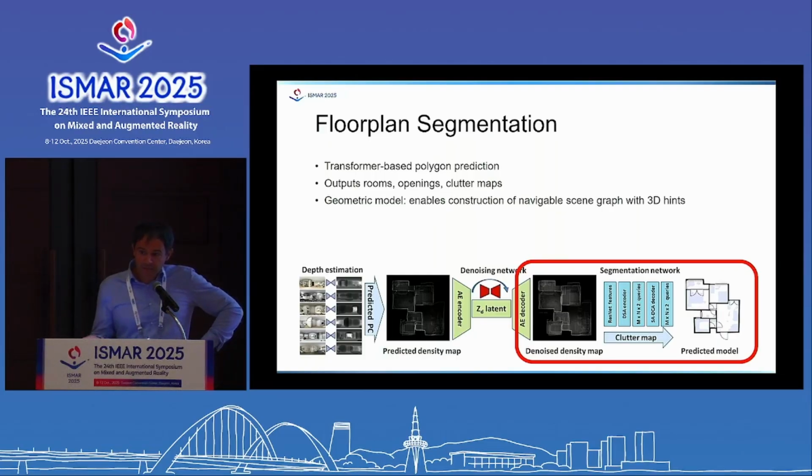The clutter map comes from the prediction of the dense depth map reprojected inside the floor map. You can see the clutter as the violet parts there. Of course, the clutter is not a model of the objects, but just a raw representation to have the walking space inside the rooms.